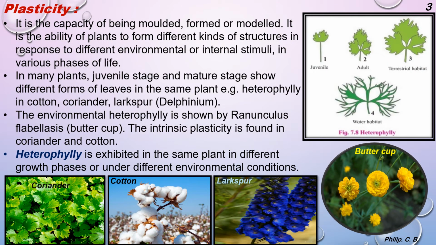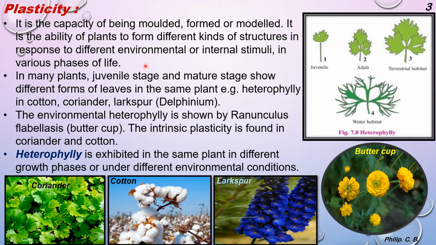Moving further, next, plasticity. First point, it is a capacity of being molded, formed or modeled. It is the ability of the plants to form different kinds of structures in response to different environmental or internal stimuli in various phases of life.